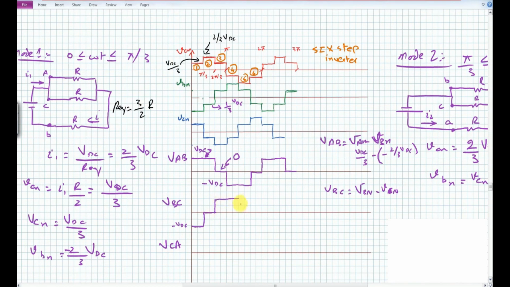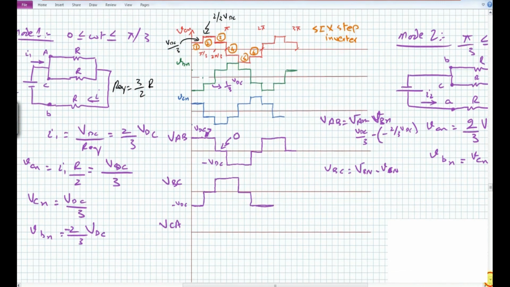Using the same particular knowledge, we will develop this type of a voltage for the VBC. For this VC of A, we will develop the same way, using the same logic here. We will see this kind of a voltage, and so on and so forth.